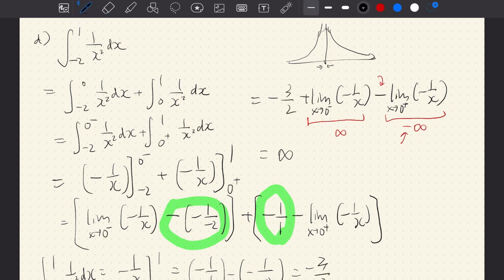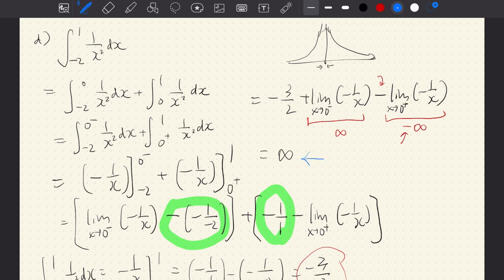So this is definitely wrong, right? Because you can see from the graph, 1 over x squared is always positive, so why would you have an area under the curve of a negative number? So this is not correct. It is because you're omitting the infinite discontinuity. If you incorporate the infinite discontinuity, you would get the correct answer, which is infinity.